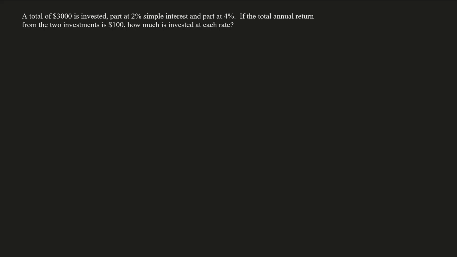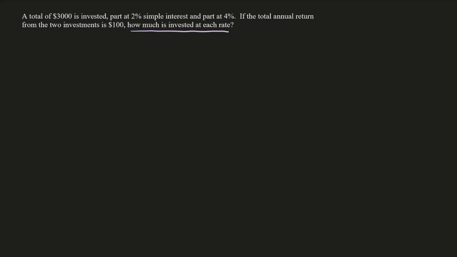Now we have a total of $3,000 invested, part at 2% simple interest and part at 4% simple interest. If the total amount of return of the 2 investments is $100, how much is invested at each rate? So the question that we need to answer is how much is invested at each rate.